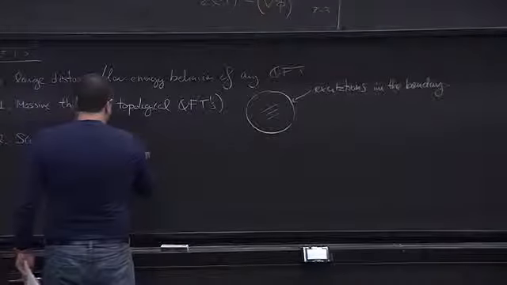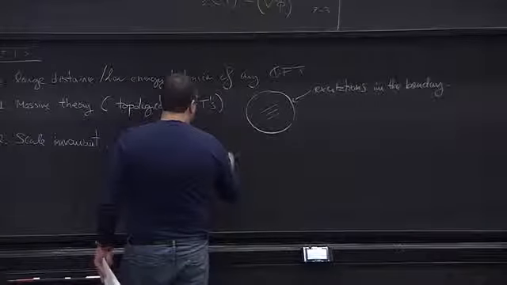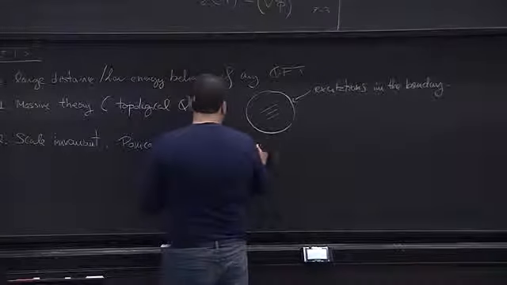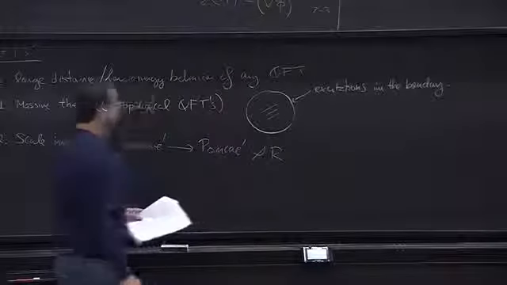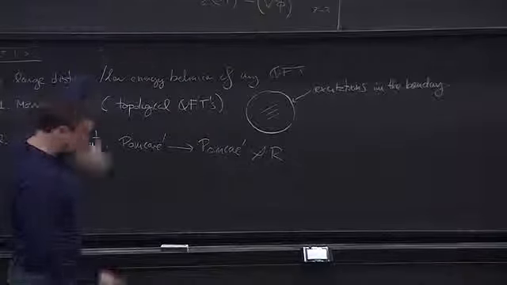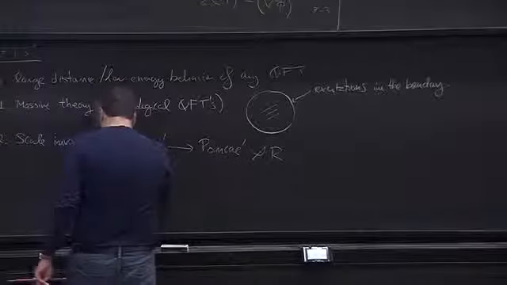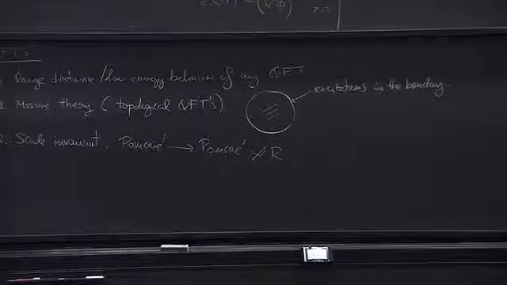So in this case, the theory has an enhancement from Poincaré to Poincaré semi-direct with dilatation, which is a non-compact generator, because this lambda I was talking about takes values over the real line. It's not a compact generator. Actually, remarkably, this is something that is only very well understood in two space dimensions, to some extent in four dimensions, but for example not in three dimensions.